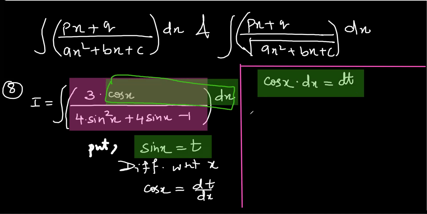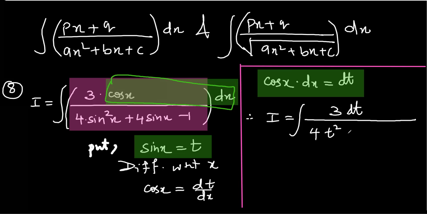Now, therefore I equals to the new integral, which will be completely in terms of t. So 3 cos x dx, you will write 3 dt, divided by 4t square plus 4t minus 1.